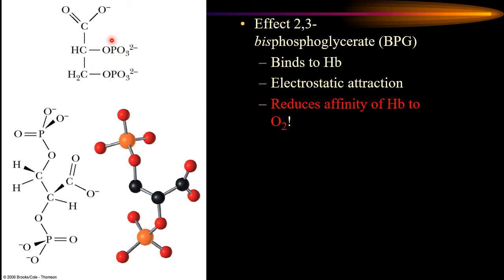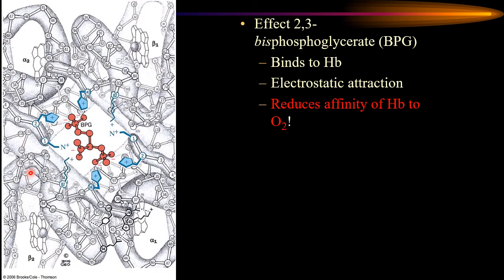Here's the structure of bisphosphoglycerate, meaning there are two phospho groups connected to our glycerate. Notice the preponderance of the negative charges: one, two, three, four, five negative charges in one molecule alone. So you can now imagine what this would be attracted to. It would be attracted to the N-terminal and the histidine units, which would carry positive charges.